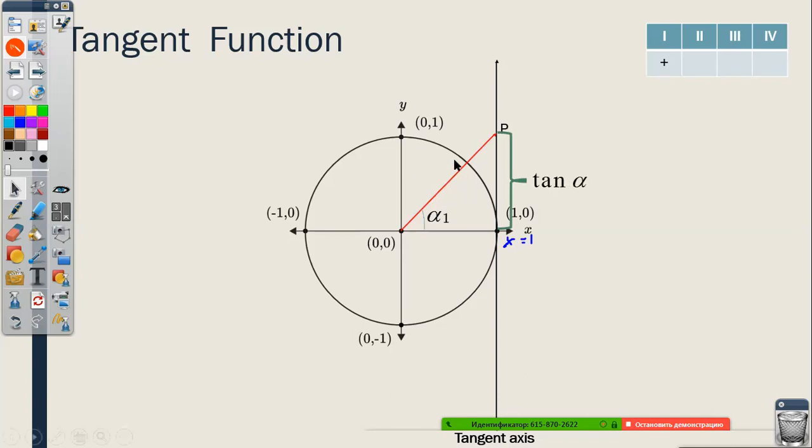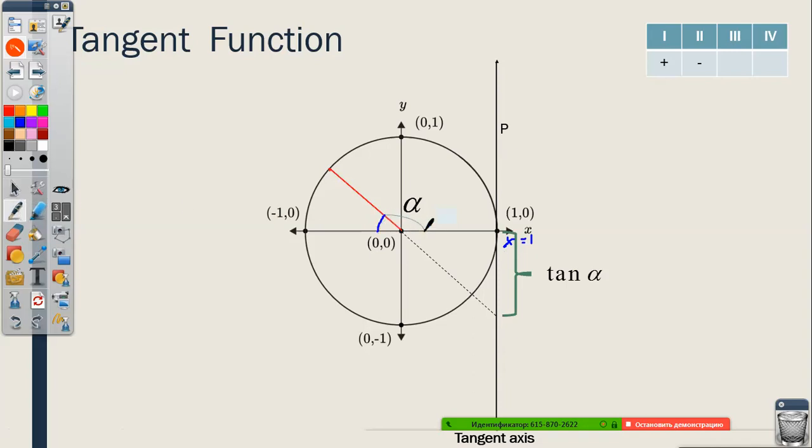In the first quadrant, tangent is always positive. So all values of tangent in the first quadrant will be positive. In the second quadrant, our alpha is this angle. It is not intersecting the tangent axis, but its extension is intersecting it.